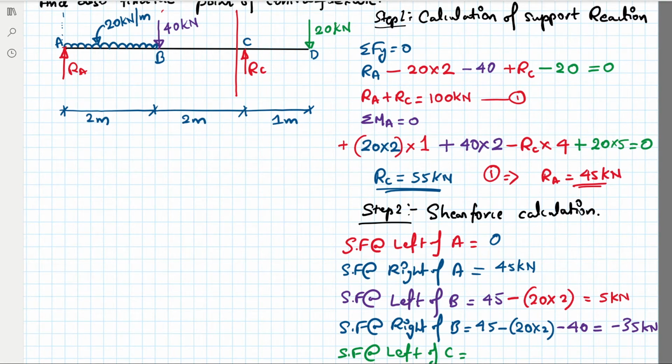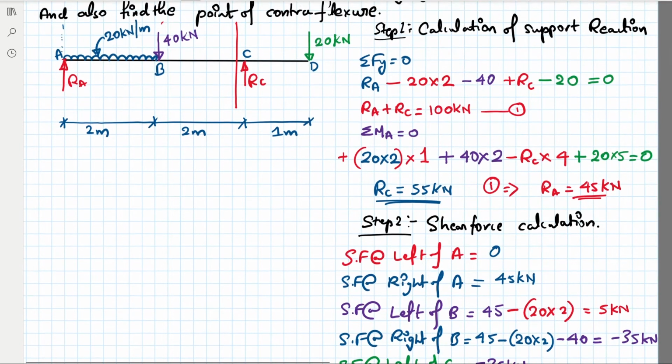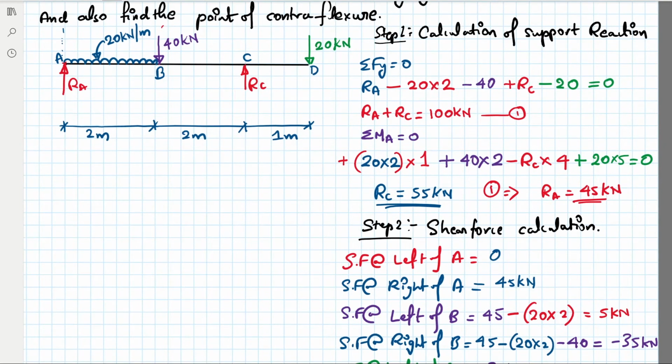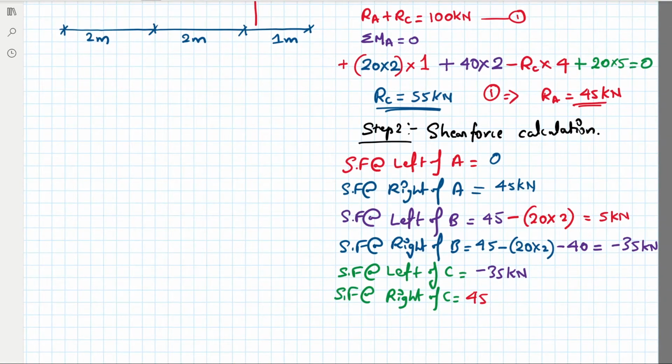Or else, if I do the recalculation, RA 45 minus 20 into 2 minus 40, we will get the same answer. Therefore I can directly take minus 35 kilonewton. Then shear force at right of C.